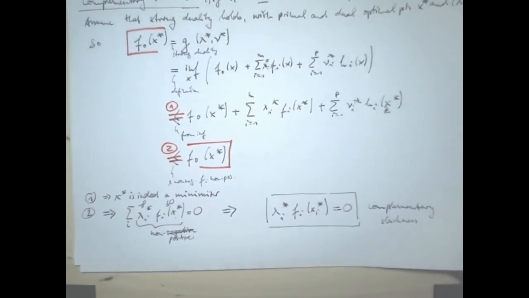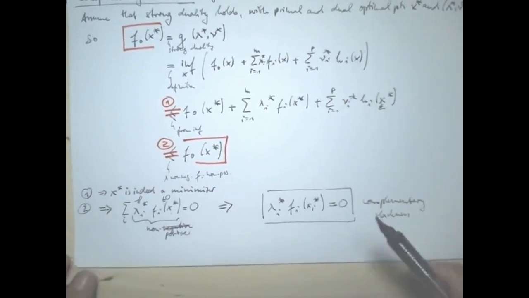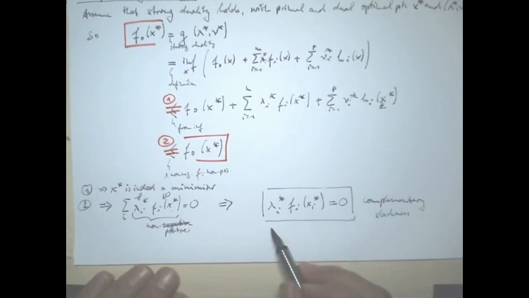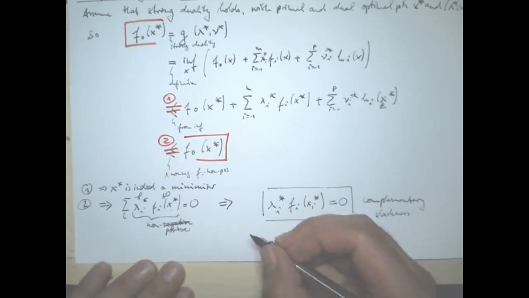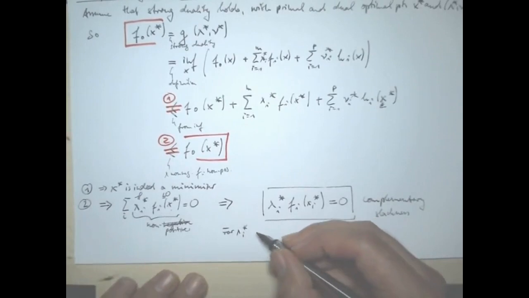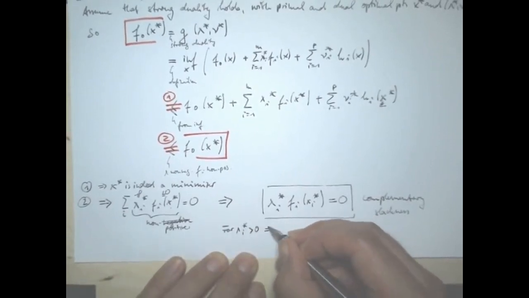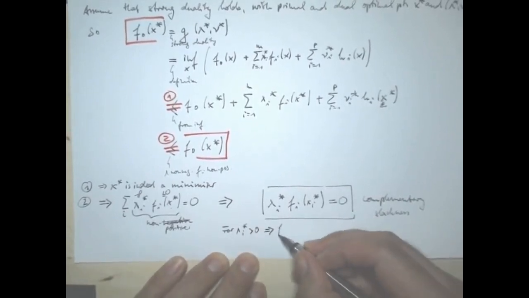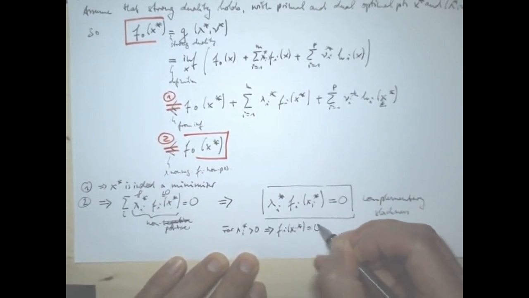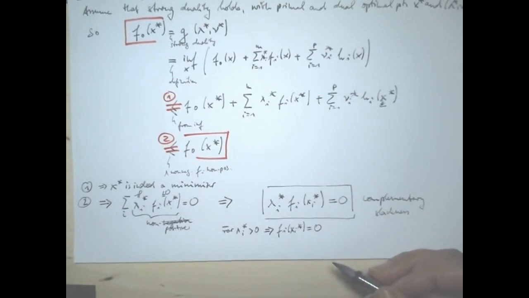So this being 0 means we have two cases. Either the one or the other is 0. So for lambda i star larger than 0, we can conclude that this constraint function must be 0.